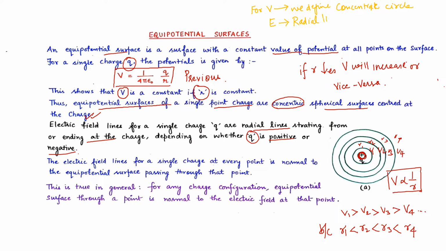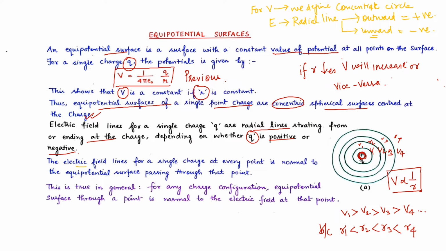These lines will be radially outward or inward, and that depends upon the given charge. If charge is positive, electric field lines will be outward radially, and if charge is negative, electric field lines will be inward with respect to the given charge.